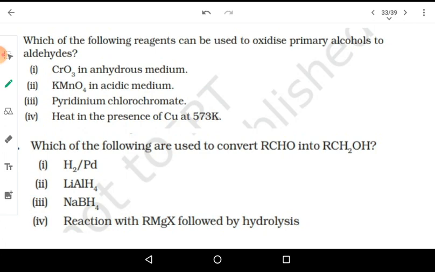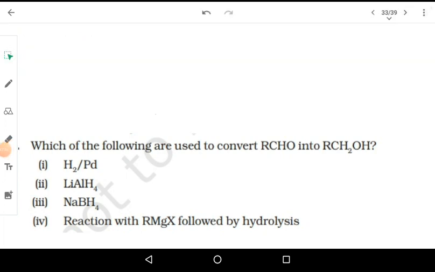Which of the following reagents can be used to oxidize primary alcohols? We have not discussed this yet, so let us keep it on hold. Let's move on to the next question. Second question: RCHO means it is an aldehyde.